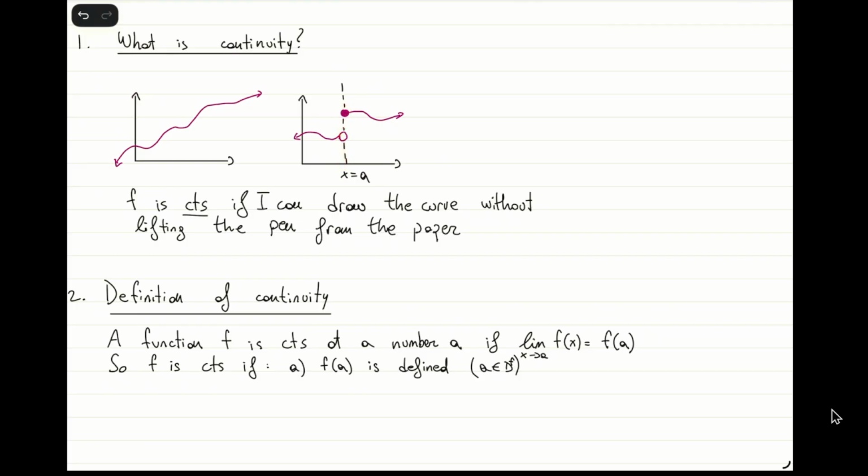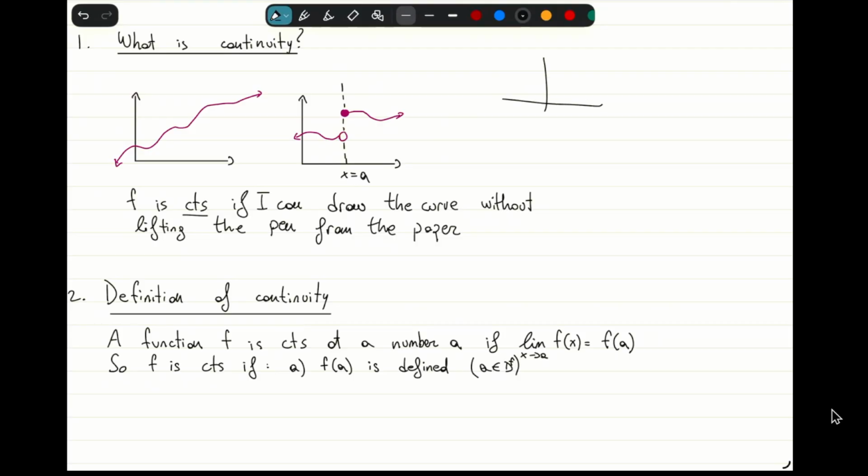There's no asymptotes. There's nothing weird, like a square root function where we cannot take the left values. If you don't know what the square root of x looks like on a graph, it looks something like this.